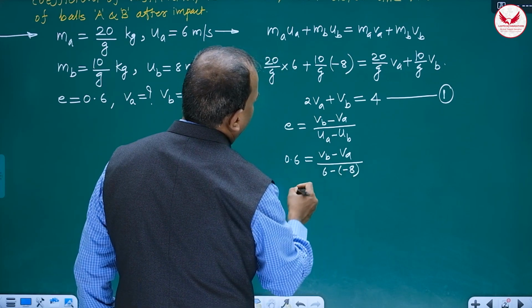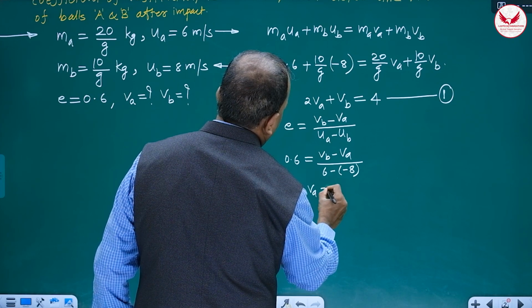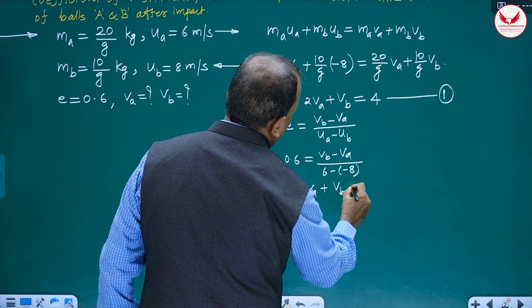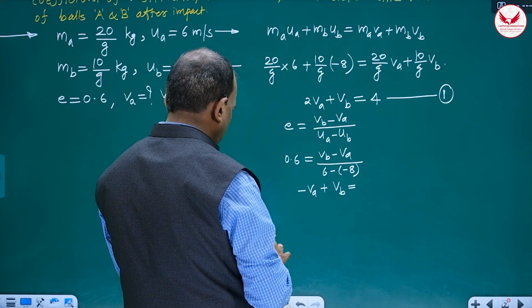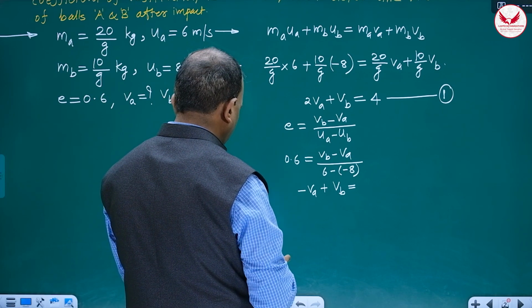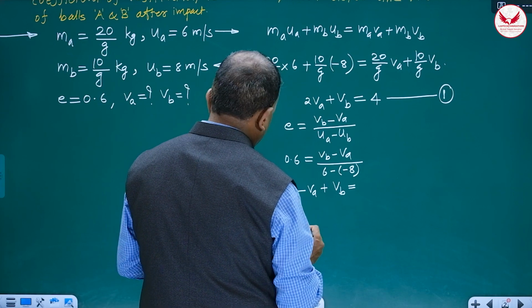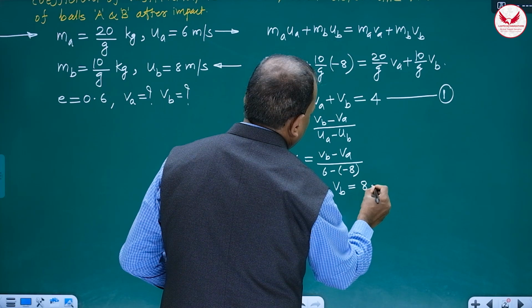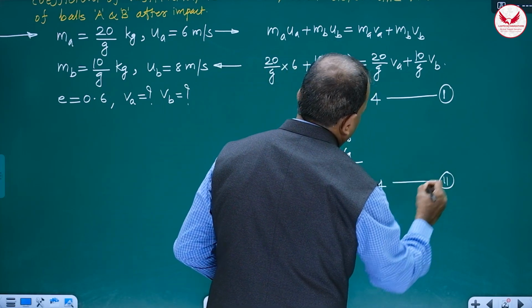So what I'll get from this? Minus VA plus VB is equal to 14 into 0.6, 8.4. This is the second equation.